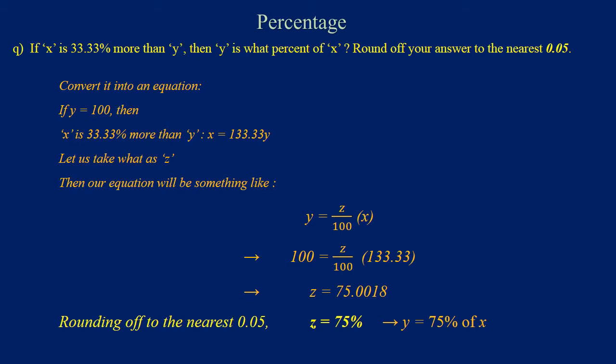So 100 is equal to z over 100 into 133.33, and our answer would be 75.0018, and if we round it off to the nearest 0.05, we're going to get z is equal to 75. You see, because after the decimal, you have 0 in the 10th digit and you have 0 in the 100th digit. This means that 0.05, if rounded off, is going to give us 75, right?